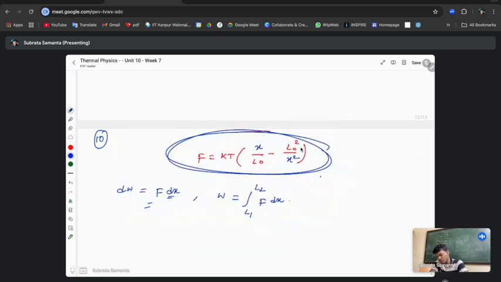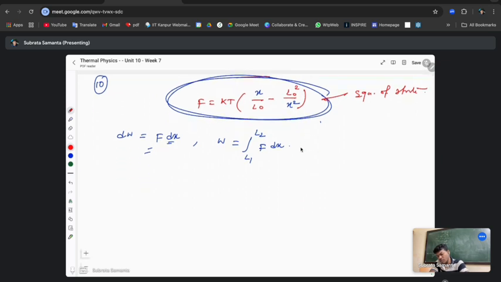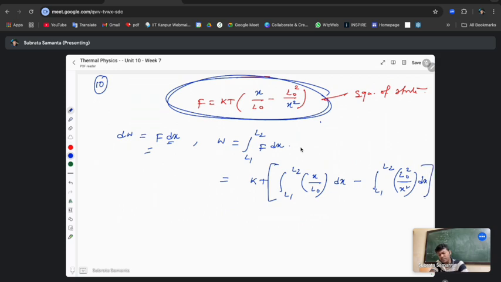Yeah, so this is the equation of state. So now you plug this value. So kT times the integral from L1 to L2 of x over L dx, minus the integral from L1 to L2 of L naught square over x square dx, right?